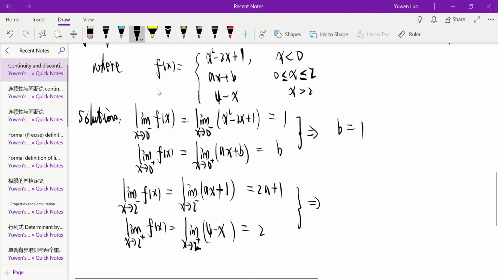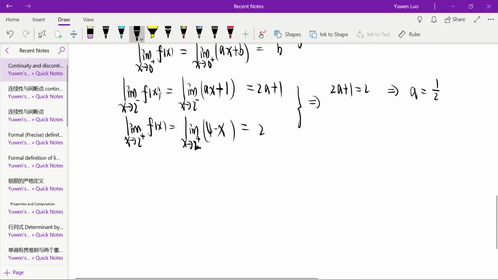So the left limit equals the right limit, which results in 2a plus 1 equals 2. We solve for a, and a is 1/2. So if a equals 1/2 and b equals 1, f(x) is continuous everywhere.